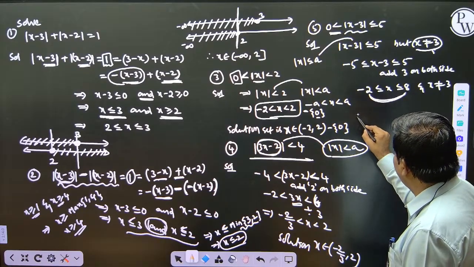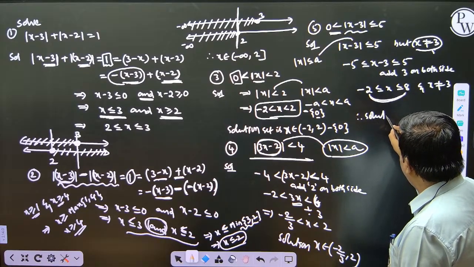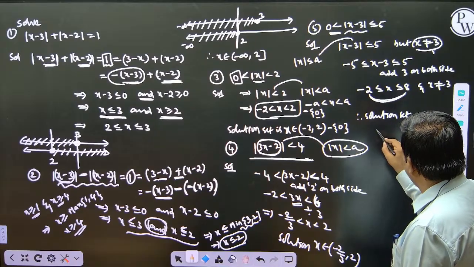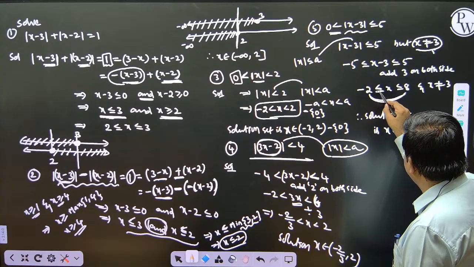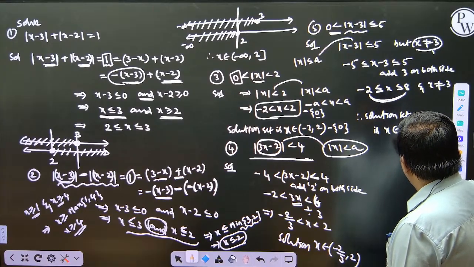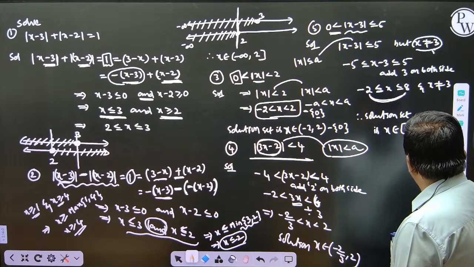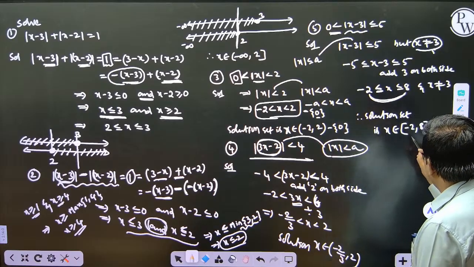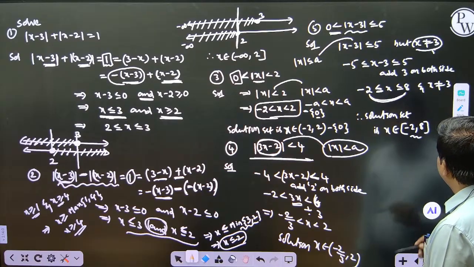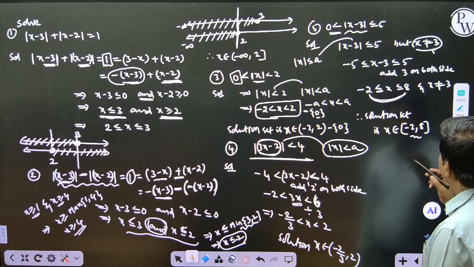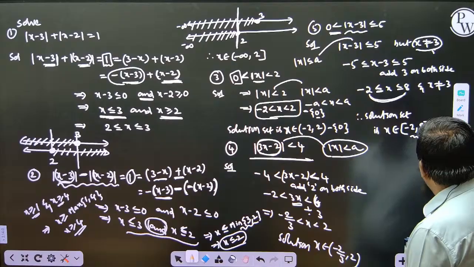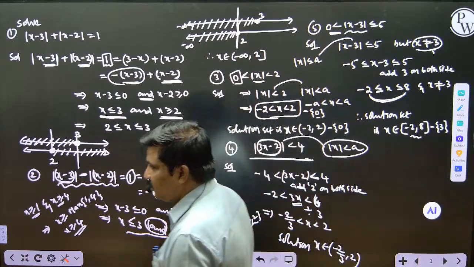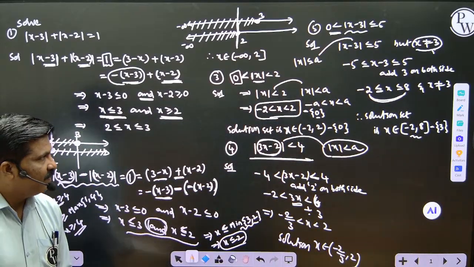Therefore the solution set is x belongs to [-2, 8], with minus 2 and 8 both considered. But 3 we should not consider here, so I am eliminating 3.